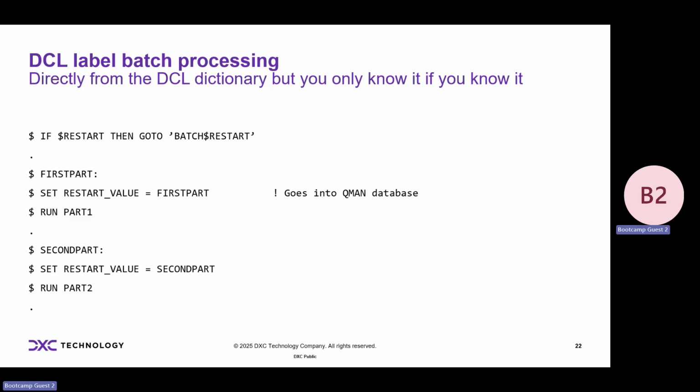So you set your restart value first part, and so it'll know exactly where it's going, run part one, and then you've got another label for second part and setting your restart value. So if you've already done some processing, it's already taken several hours, the system fails and then comes back, well, if $restart is defined, then the symbol batch $restart will actually be stored away in the queue manager log files. You can actually avoid having to rerun certain parts of your batch jobs.